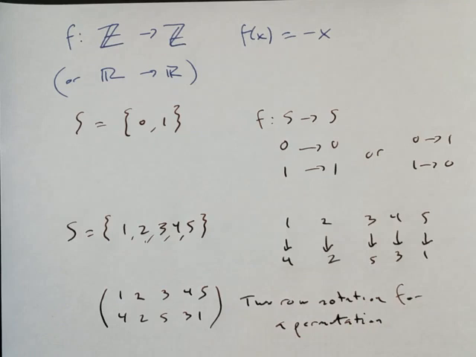I'm going to name this permutation. I name those functions f, right? Typically, permutations are given lowercase Greek letters. So I'm going to call this particular permutation sigma. That's a function. Here's another one.